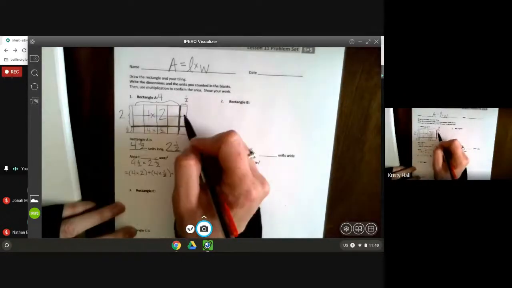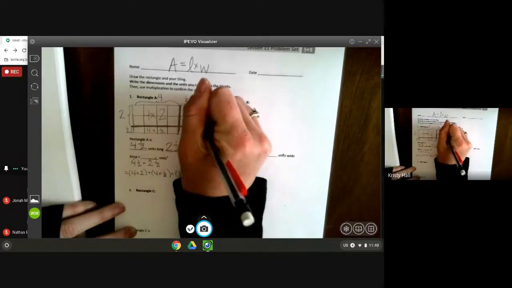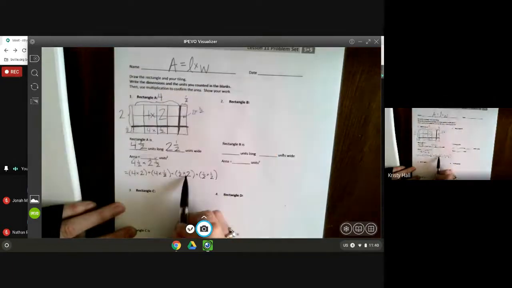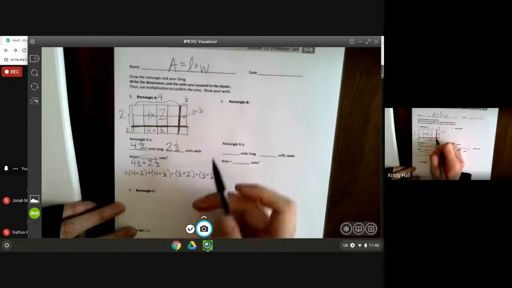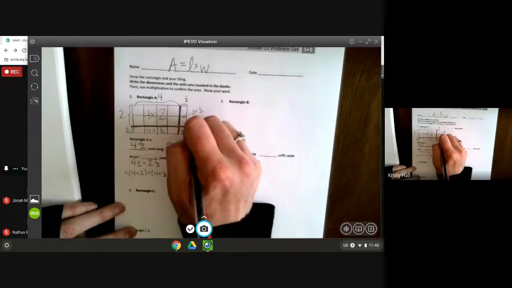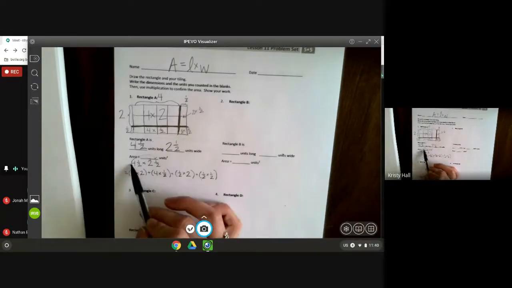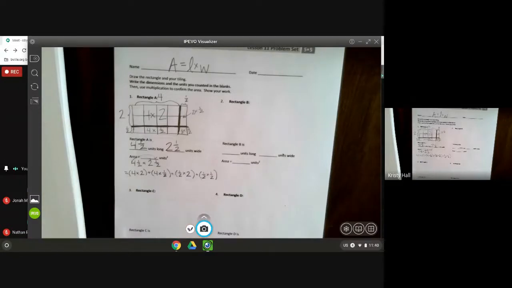Then 2 times 1/2, because this length is 2. So this part is 2 times 1/2, which is what we did here. And then the last one is 1/2 times 1/2. So it's really just an area model, or you can think of it as the distributive property, whichever one mentally makes more sense for you.